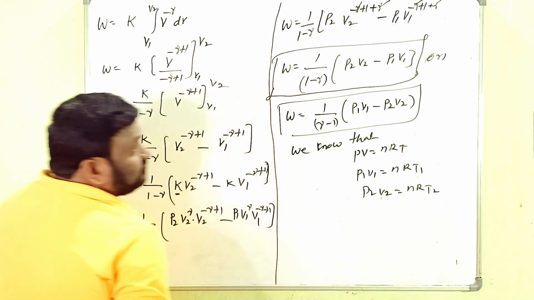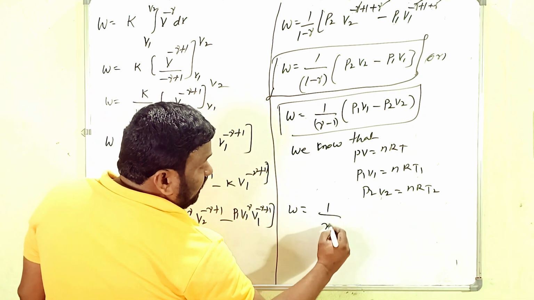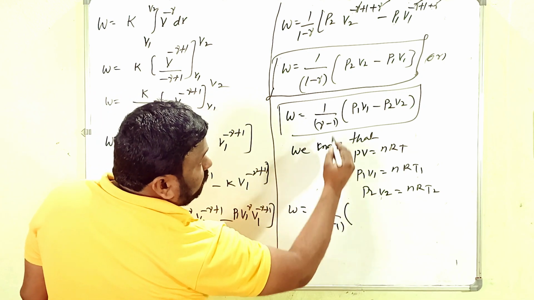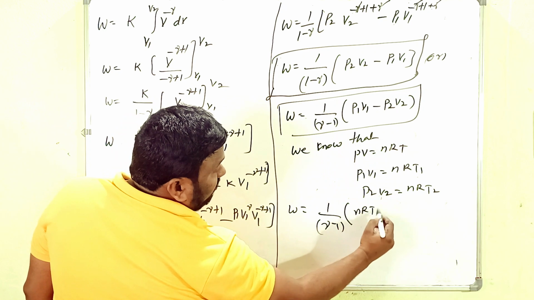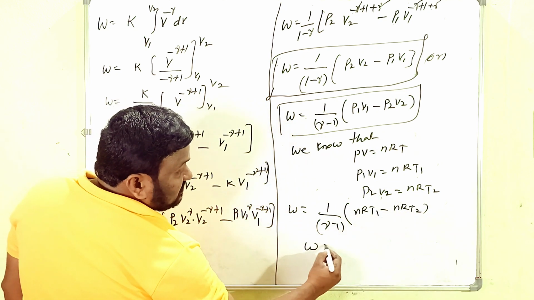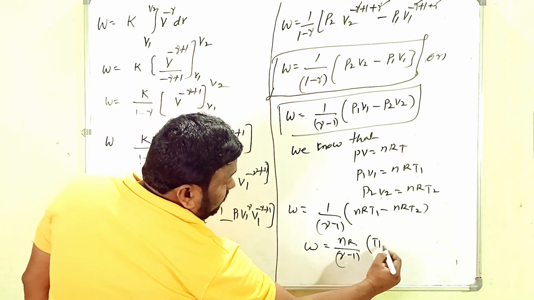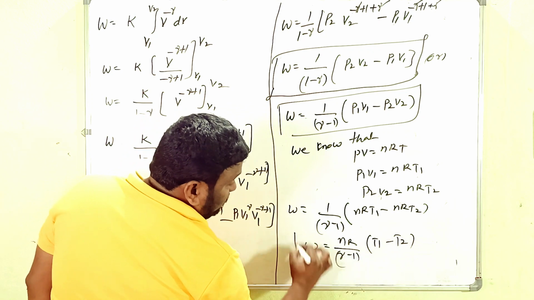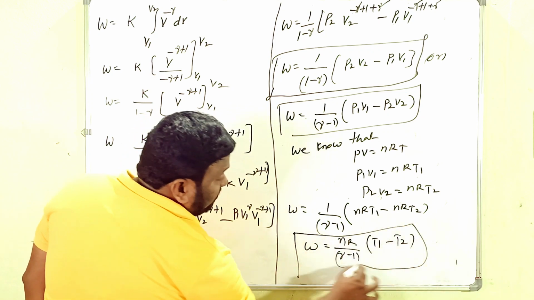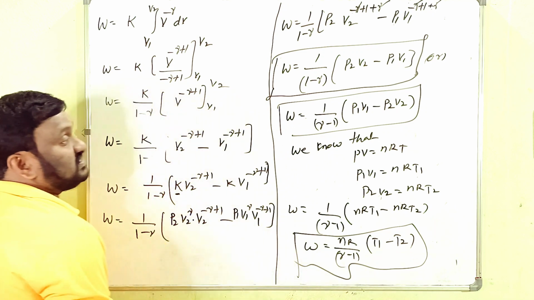Then W is equals to 1 by gamma minus 1 of nRT1 minus nRT2. That means W is equals to nR by gamma minus 1 of T1 minus T2. This is another equation for work done by the ideal gas in adiabatic process.